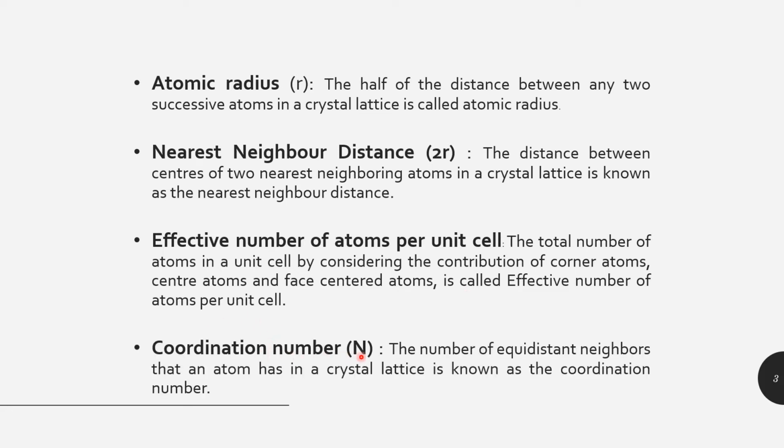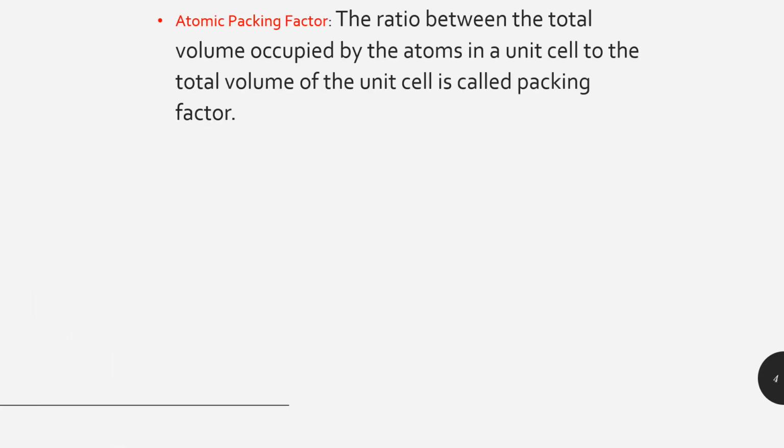Coordination number, denoted by capital N, is the number of equidistant neighbors that an atom has in a crystal lattice. Atomic packing factor is the ratio between the total volume occupied by the atoms in a unit cell to the total volume of the unit cell.